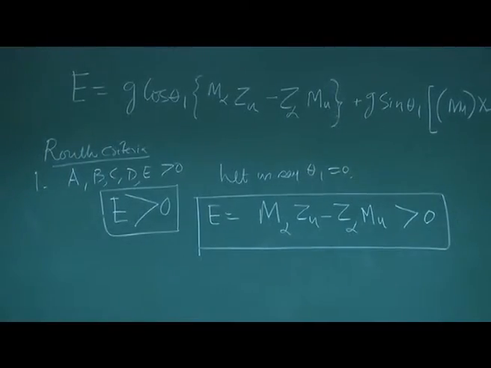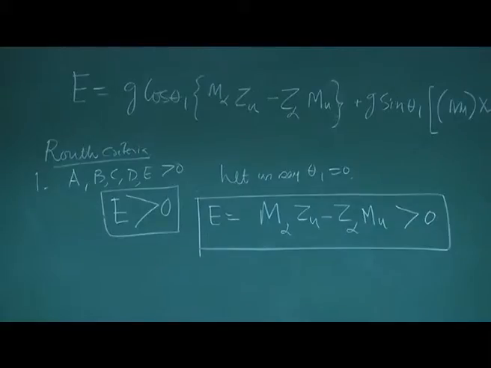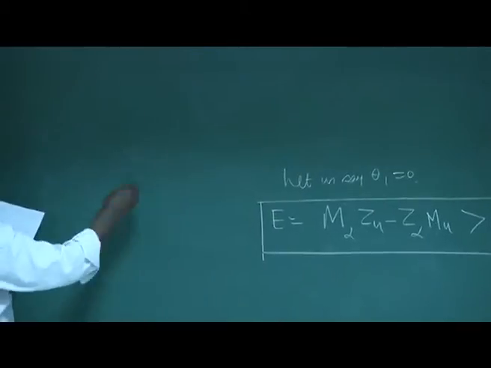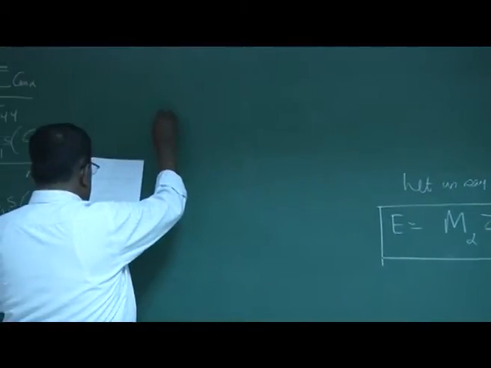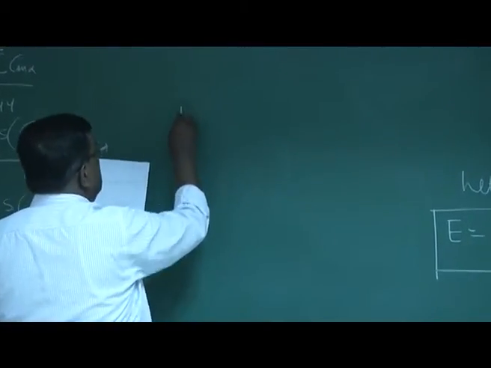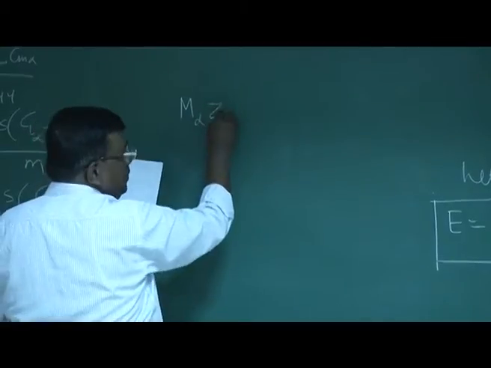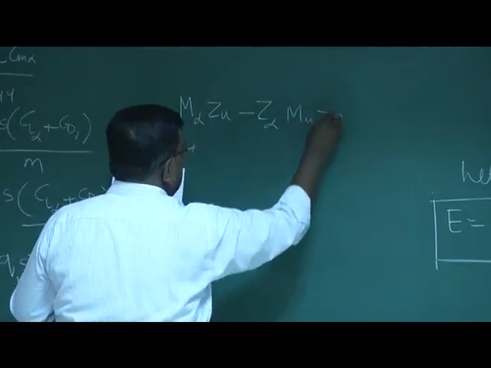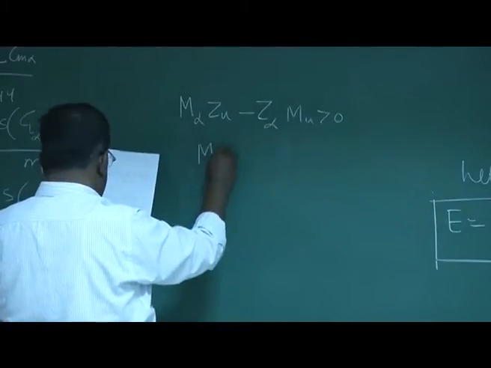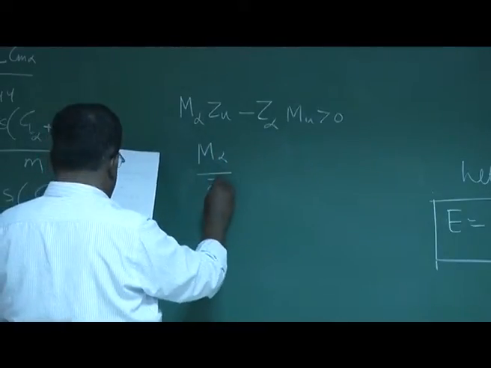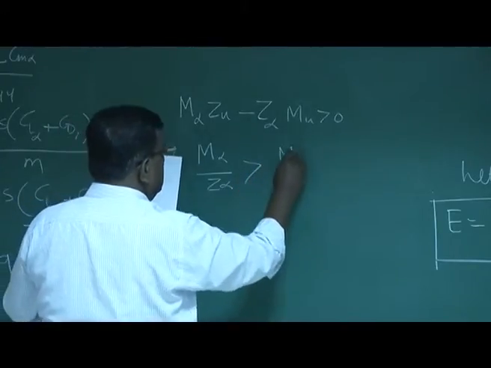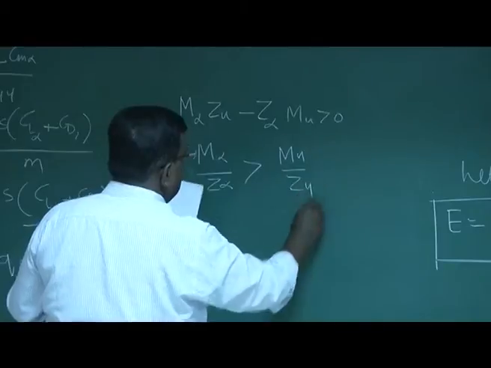There is a lot of board work involved, so don't get upset. E greater than 0 means m alpha Zu minus Z alpha mu greater than 0. That means m alpha by Z alpha should be greater than mu by Zu. No issues?